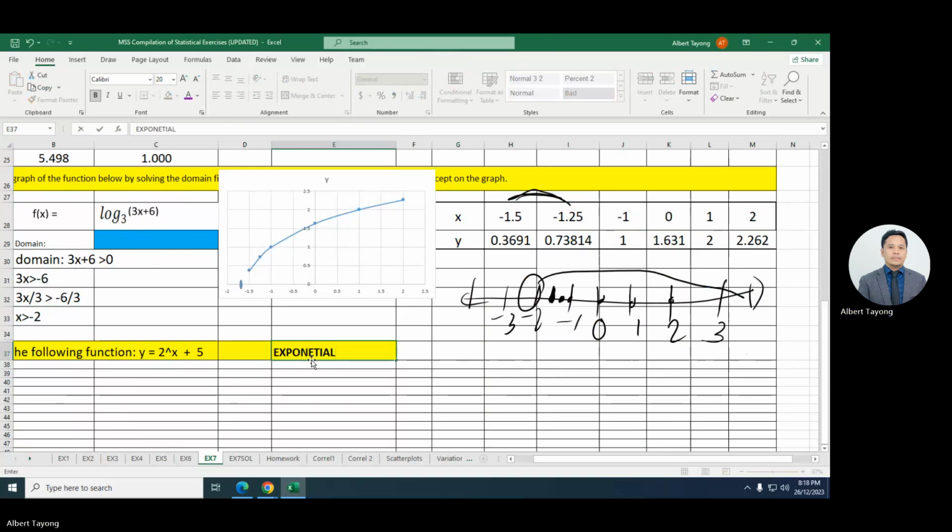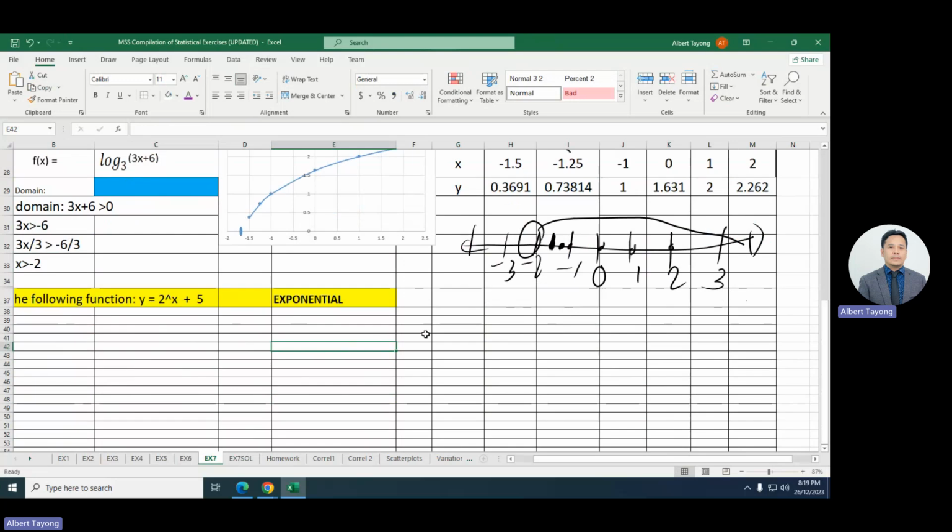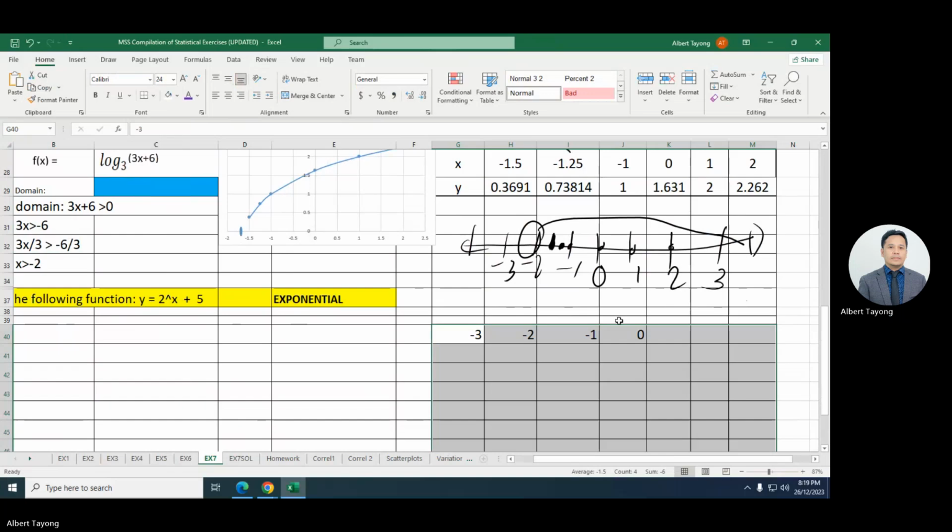Okay, for exponential, very simple. Look at this. For exponential, guys, just put 0 in the middle, negative 1, negative 2, negative 3, and so on. You can add more if you want to. And 1, 2, 3, and so on.